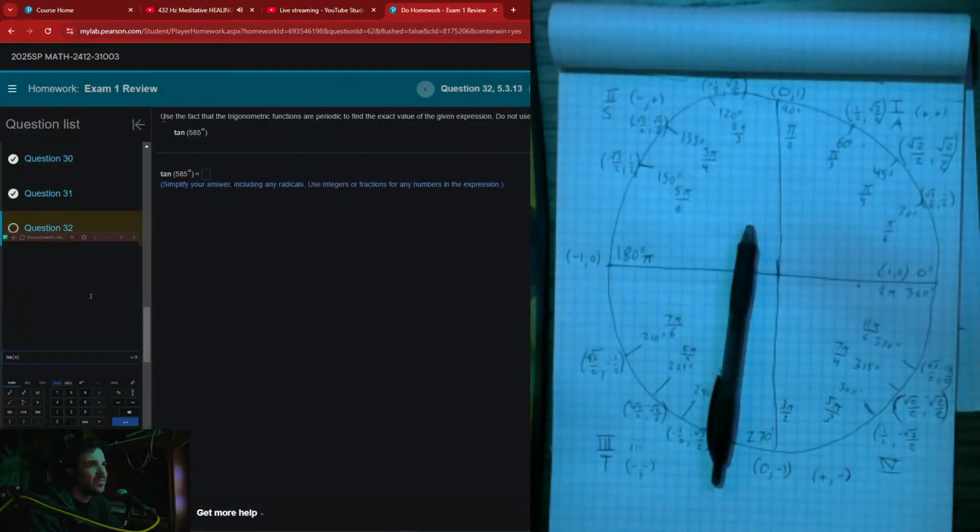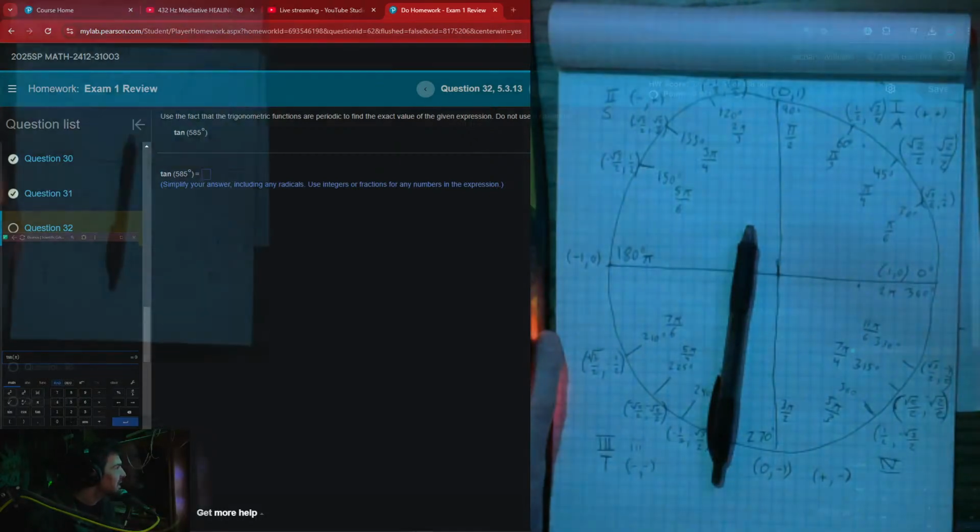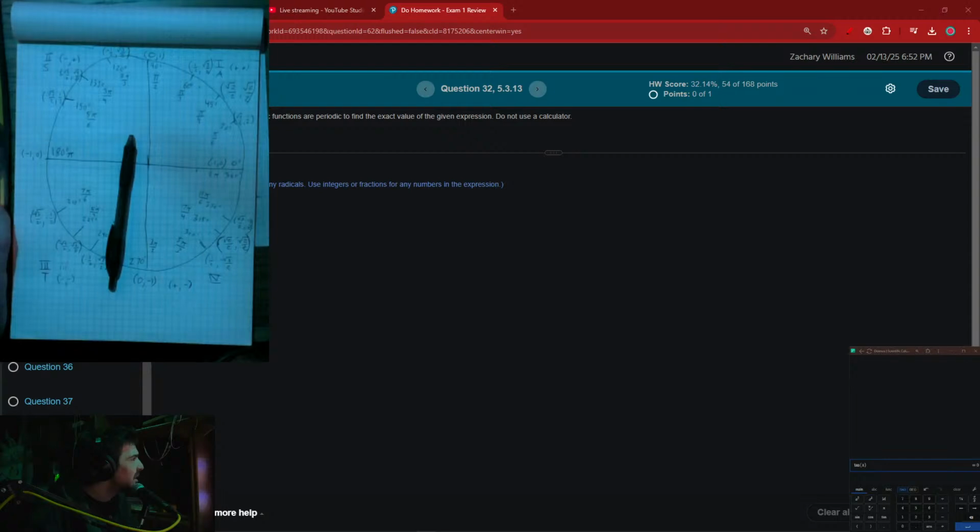Use the fact... is that a fact? You sure? Alright, use the fact that the trigonometric functions are periodic. Oh, hold on, I gotta change the fact. But these notes are too big.